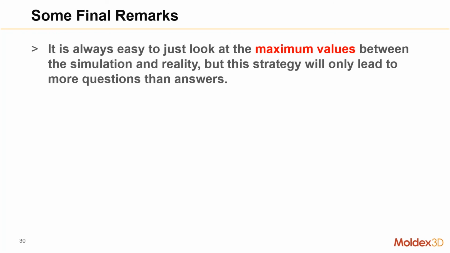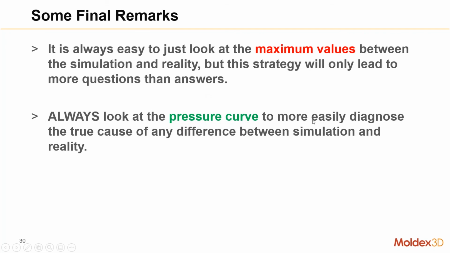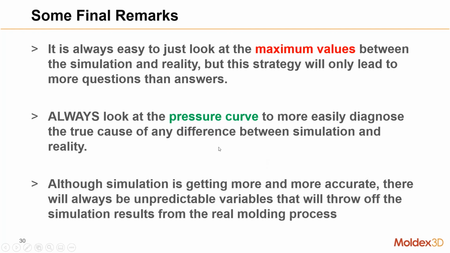There's nothing that you can really get out of a single point value besides just saying that, okay, the simulation isn't doing what it's supposed to, or maybe I don't have everything modeled in correctly. You always want to make sure that you have the sprue pressure curve that'll allow you to diagnose the true cause of any pressure discrepancies.